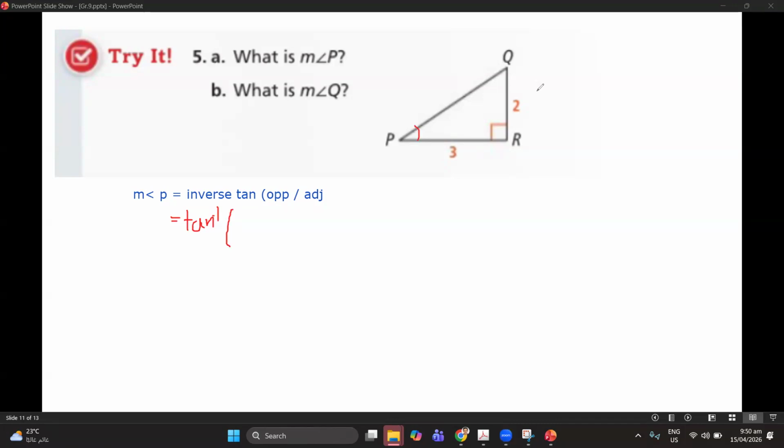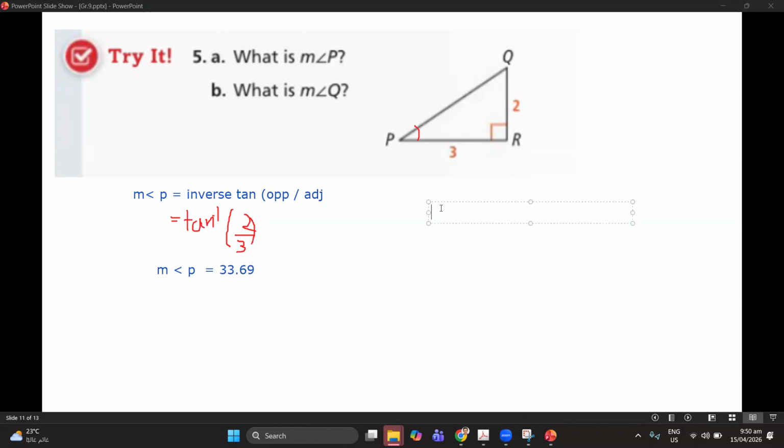The opposite, 2, over 3. 2 over 3. Excellent. 33.69. So the measure of angle P is 33.69.